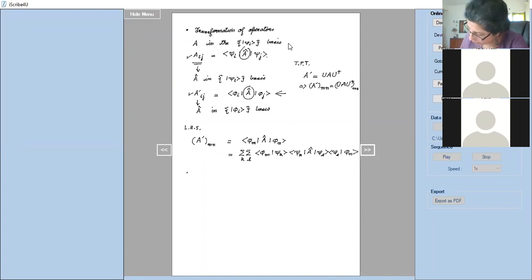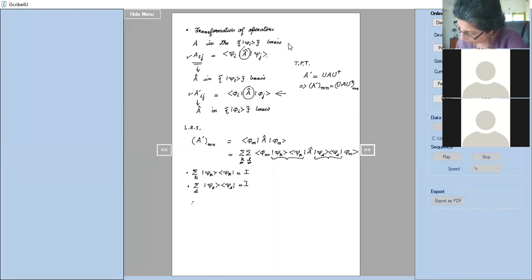What are those two closure relations? One is summation over k, psi k, is equal to I, and the other is summation over L, psi L, is equal to I. It's the same thing, but I'm just using different indices. So one has come here along with this, and the other has come here along with this. I hope it is clear to everybody.